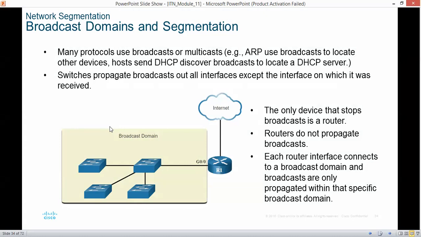When you have broadcast taking place on the network, after a while you're going to have congestion. So that is why we always look at how best you can handle congestion on the broadcast domain when you use switches. One of the best ways to break broadcast is to introduce a router. So a router helps you to break the broadcast domain.